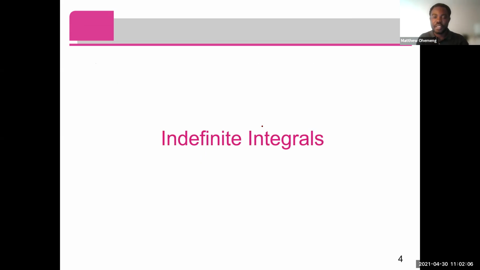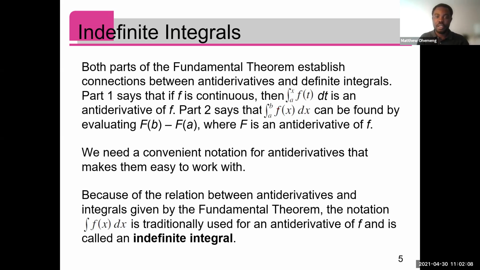Now for indefinite integral. In 5.3, we established 2 parts of the fundamental theorem of calculus. We looked at the derivative of functions which go like this. And then we said that when you want to find a definite integral, it's just the antiderivative evaluated at the upper limit minus the antiderivative evaluated at the lower limit, right?